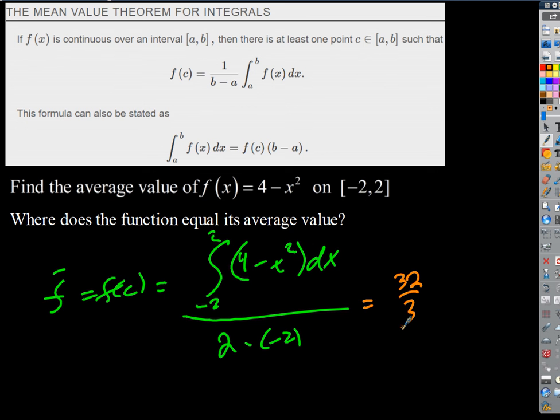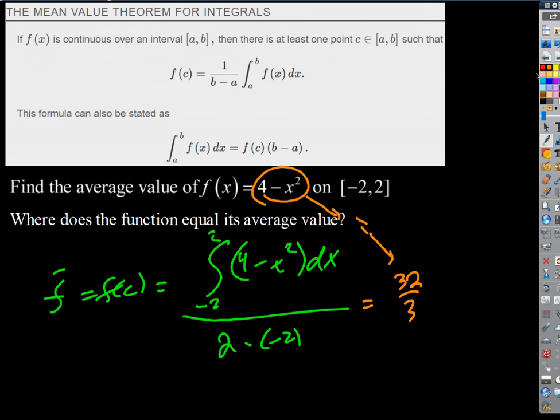Input into the function. Close. How would I find where the function has its average value? Solve, set it equal to. Yeah, good. So we just set the function equal to 32/3 and get an answer, right?